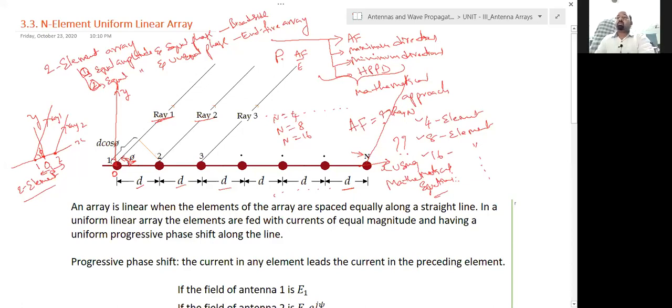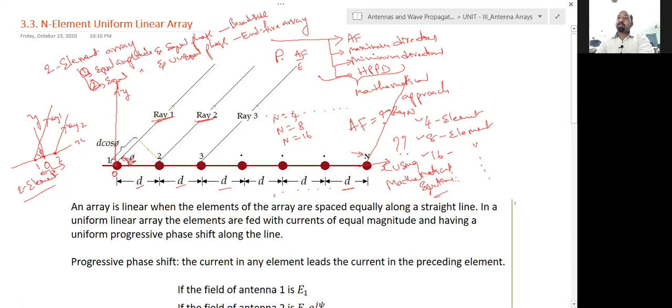EM waves radiated by antenna 2 reach point P first, and antenna 1 reaches later, because EM waves radiated by antenna 1 travel more distance to reach point P.